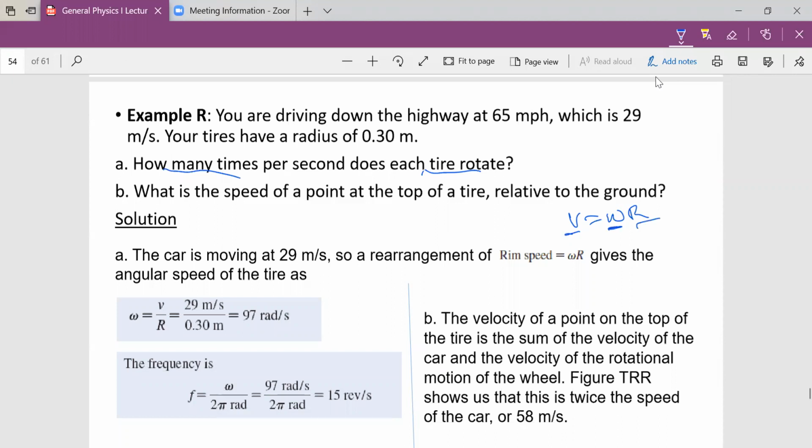So we'll make omega the subject of the formula to get the angular velocity. The rim speed is what we got here. So from 29 divided by the radius, we'll have the angular velocity.